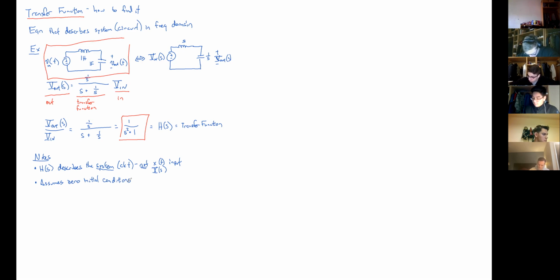And that's because if they weren't discharged, the only way they could have an initial condition is if the input made them have an initial condition, and then the system transfer function would be a function of its inputs. Any questions about transfer functions?